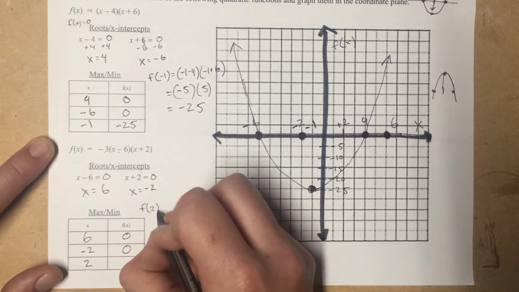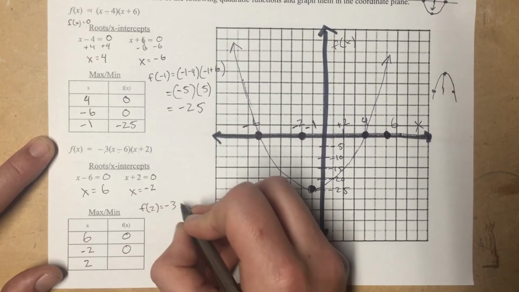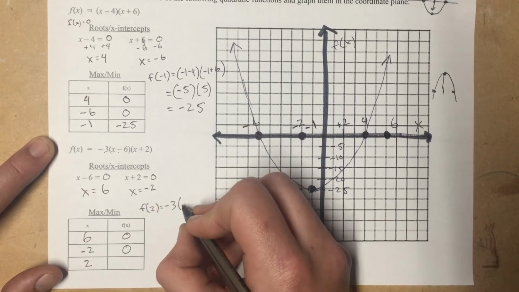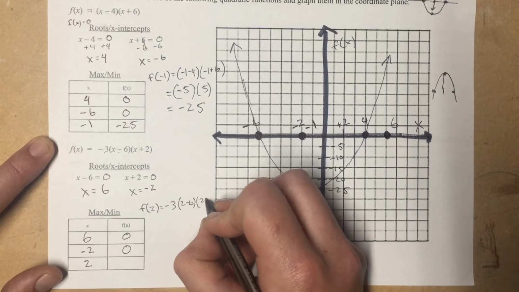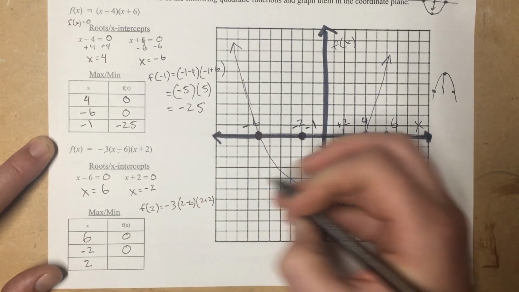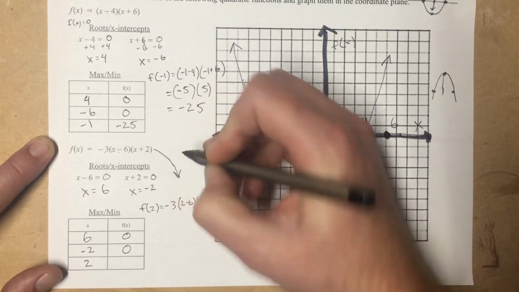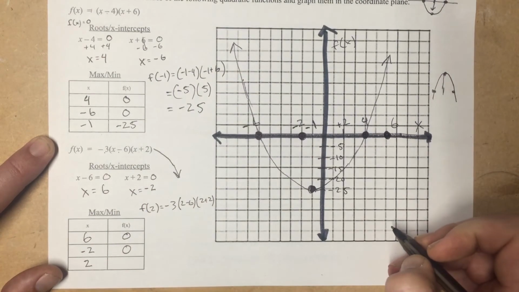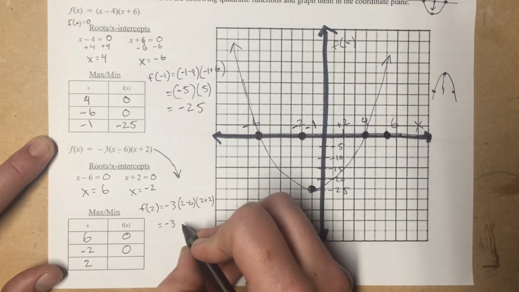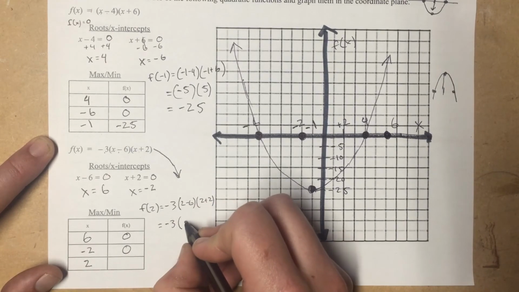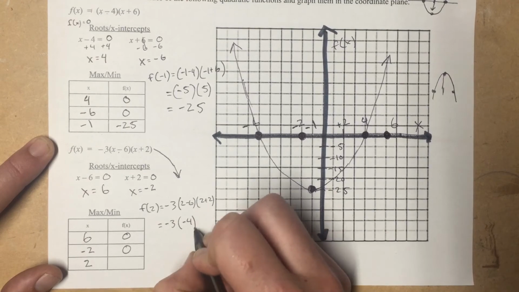f of 2 is equal to negative 3 times (2 minus 6) times (2 plus 2). Right? We just plugged our 2 in for x there. This is going to be equal to negative 3 times 2 minus 6, that's a negative 4.